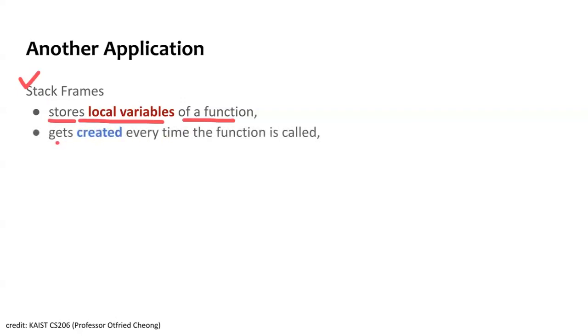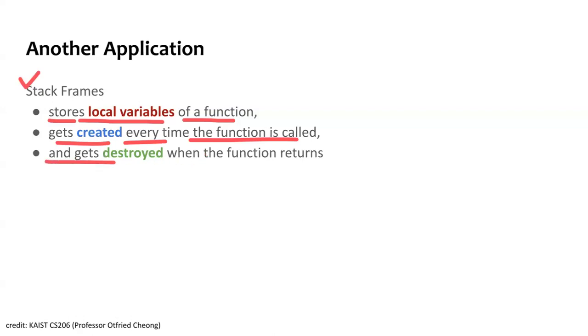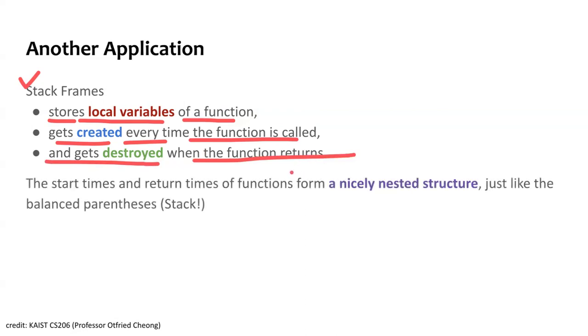It gets created every time a function is called, and it gets destroyed when the function returns. And the start times and return times of functions form a nicely nested structure, just like balanced parentheses. And it is like a stack.